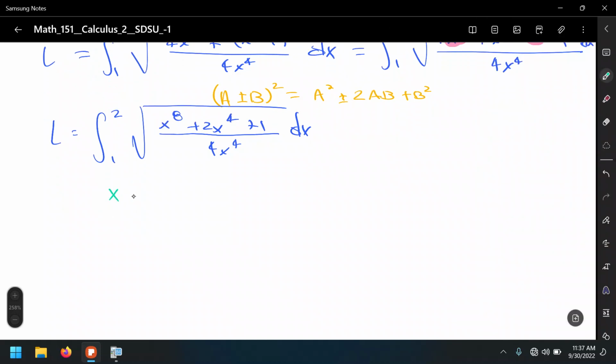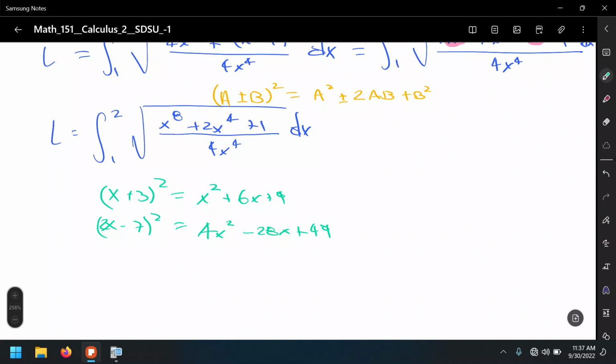For example, when we have x plus 3 squared, x minus 7 squared, that's x squared plus 6x plus 9, and over here, that's x squared minus 2 times 7, which is 14x, plus 49. So that's the expansion of a binomial squared.